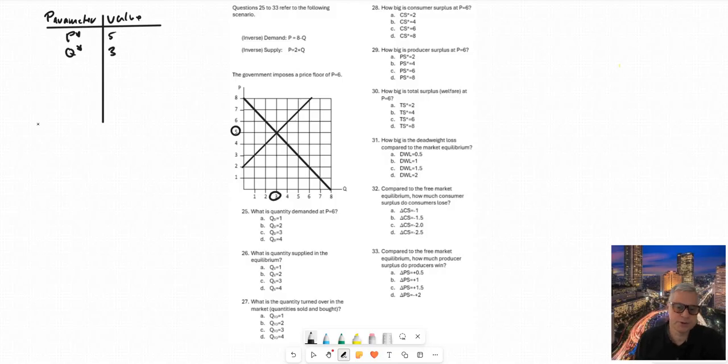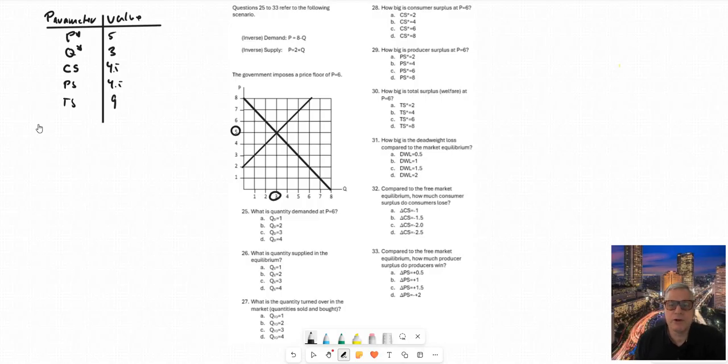And of course, because it's an equilibrium, that was the quantity turned over, the quantity demanded and the quantity supplied. Consumer surplus was 4.5, this triangle here from 5 to 8 and 8 to 3. And producer surplus was 4.5, so total surplus or welfare was 9.